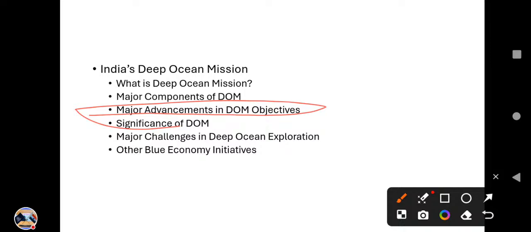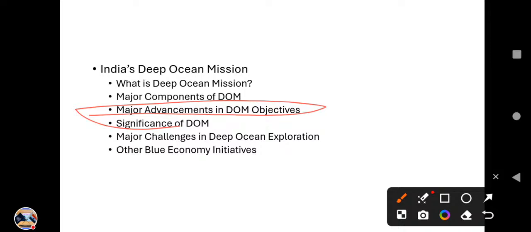The 3 member crew will sit there and move to the deep ocean at a depth of 6,000 meters, and they will also explore the polymetallic nodules and sulfides containing essential metals found between depths of 3,000 to 5,500 meters.